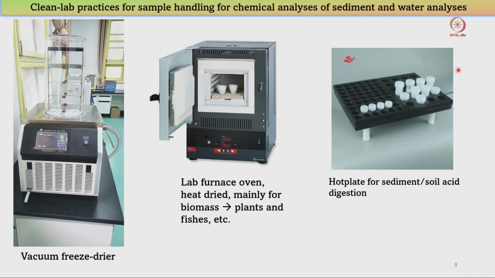You will only see Teflon ware, and even this hot plate will be coated with a kind of Teflon. There are special vials which can withstand very high temperatures, maximum 200 degrees, and certain kinds can go a little bit above 200 degrees Celsius as well.